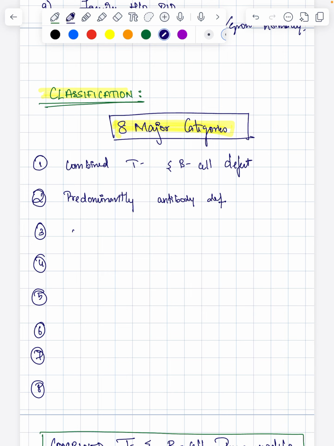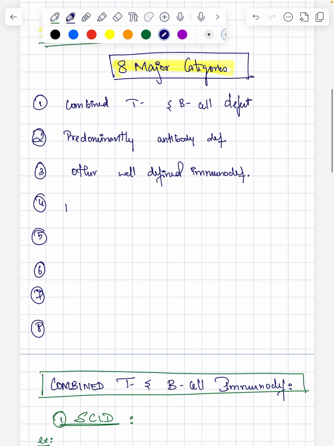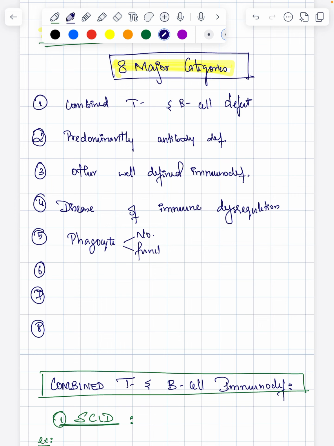Third is other well-defined immunodeficiency. Fourth is disease of immune dysregulation. Fifth is defect in phagocytes, either in the number of phagocytes or in their function.